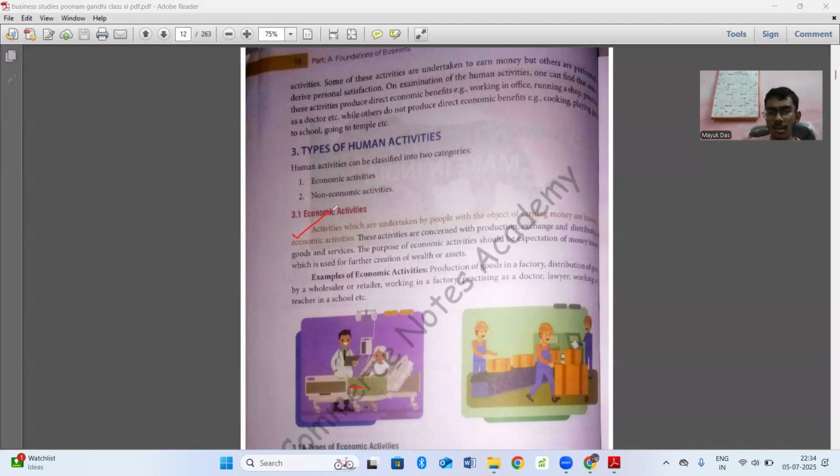Those activities which we perform to earn money, where the main objective is to earn money, are known as economic activities. The main motive of economic activities is to earn money, to satisfy our human needs. And these activities are concerned with production, exchange, and distribution of goods and services.